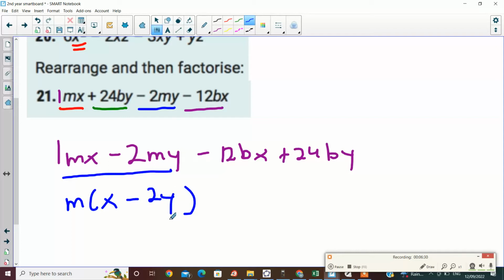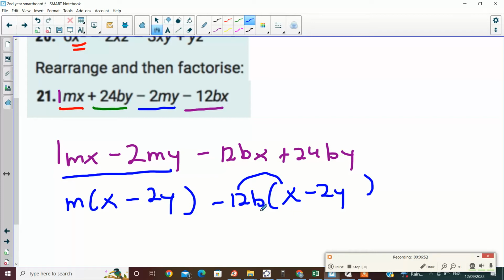Perfect. I'm still with m. Okay. What do we know about the second bracket? It has to be the same as the first. What number would go out here that needs to multiply into minus 12bx? Minus 12b. Excellent.